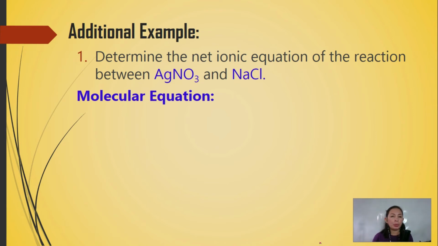So we need to predict, before we write the molecular equation, if a precipitation reaction is possible or not. If not, there is no need for you to write the molecular equation, the ionic equation, and net ionic equation.